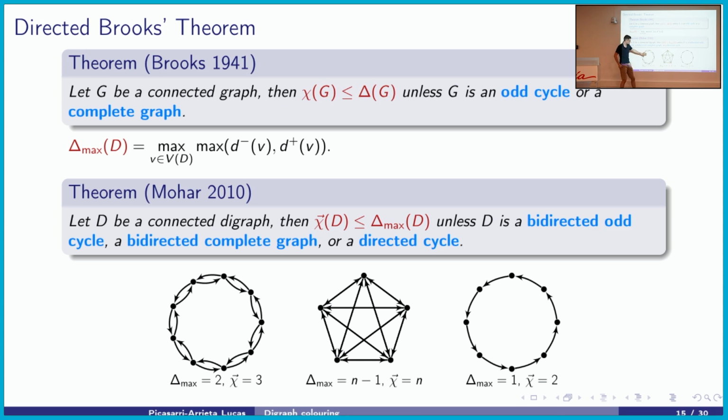So of course we find the two same obstructions, a bidirected odd cycle and a bidirected complete graph, and there is a new one, which is a directed cycle. In this case, delta max is 1, but we indeed need 2 colors. And this generalizes the result of Brooks when we look at it on bidirected graphs.